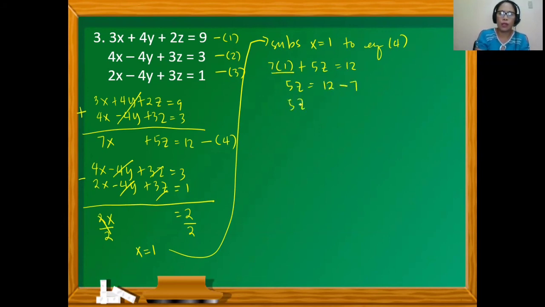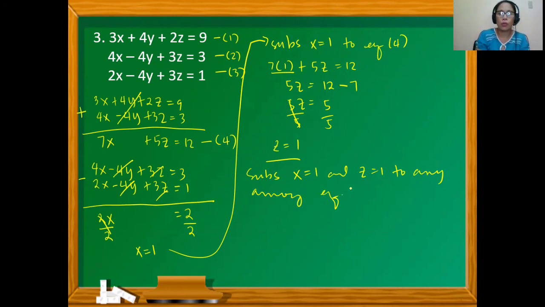So 5z equals 5. So dividing both sides by 5, we have z equals 1. Now we will substitute x equals 1 and z equals 1 to any among equations 1, 2, or 3.